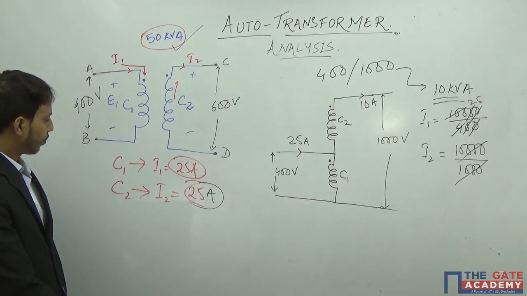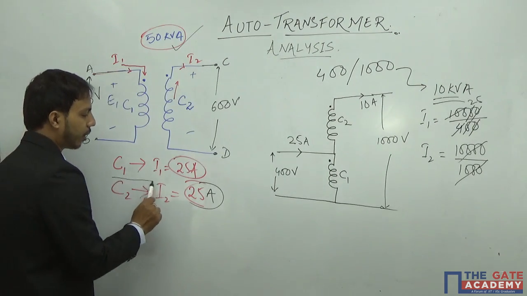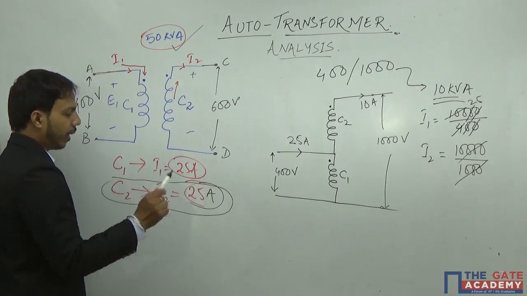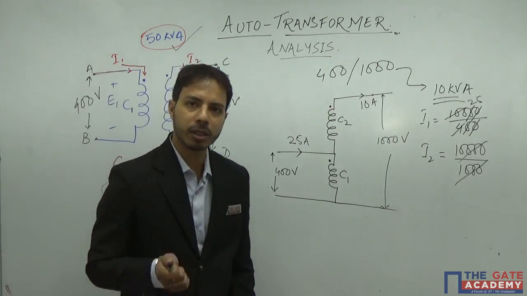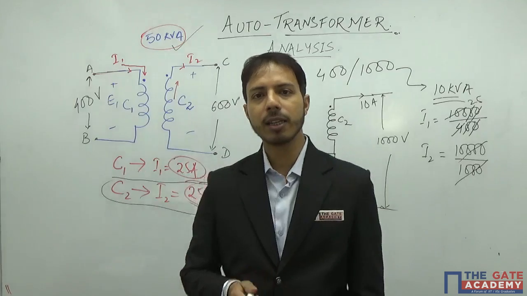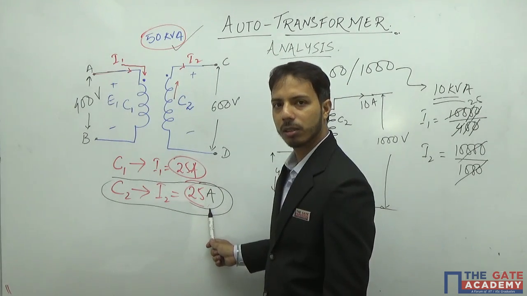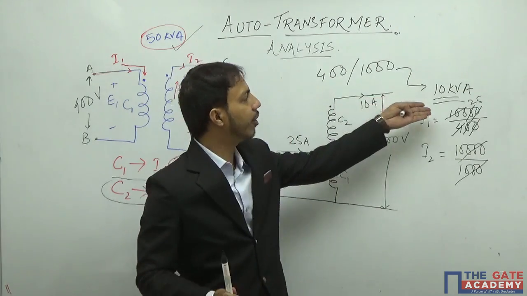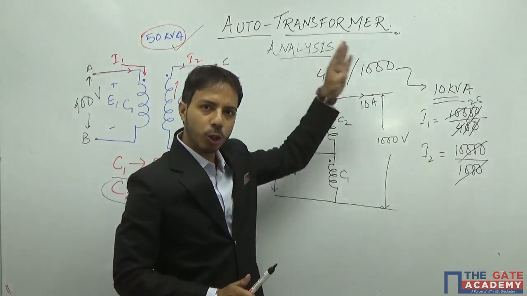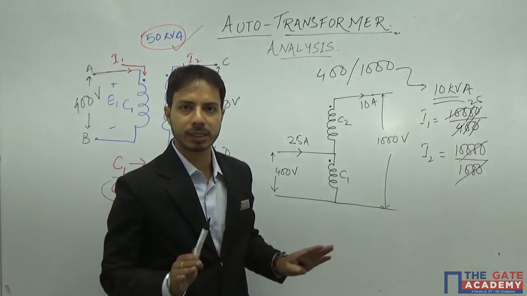Now you see, they are saying that the maximum current C2 can carry is 25 ampere. But see, this is given as 10 kVA. That means this autotransformer is not working at its maximum level.